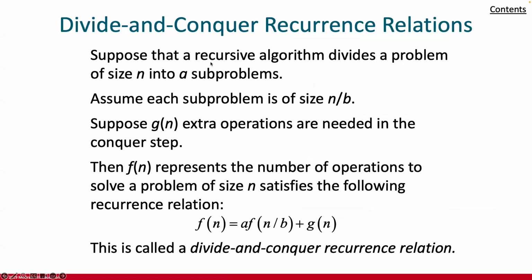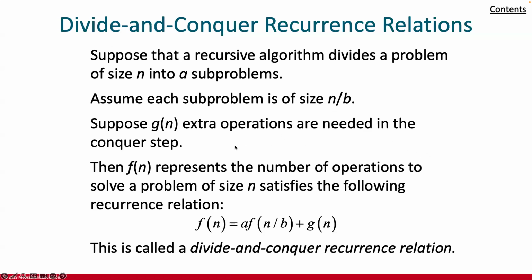Suppose that a recursive algorithm divides a problem of size n into a subproblems. Assume that each subproblem is of size n divided by b. Suppose g of n extra operations are needed in the conquer step.